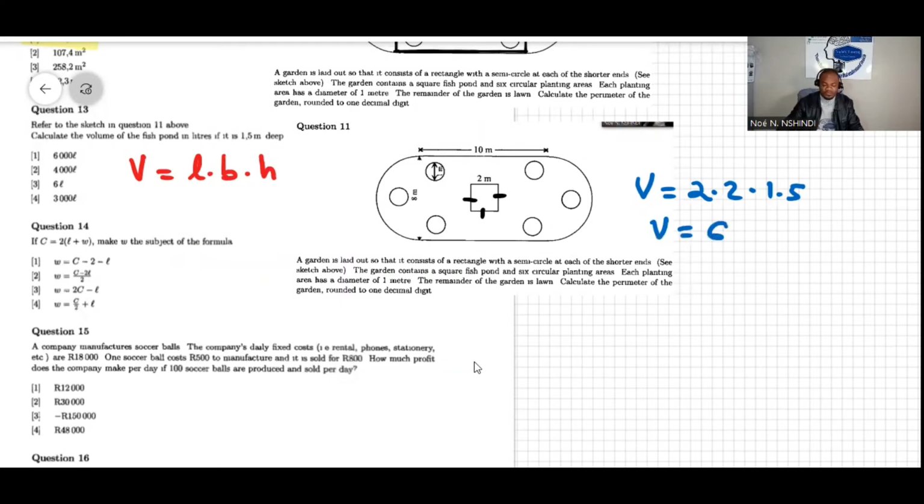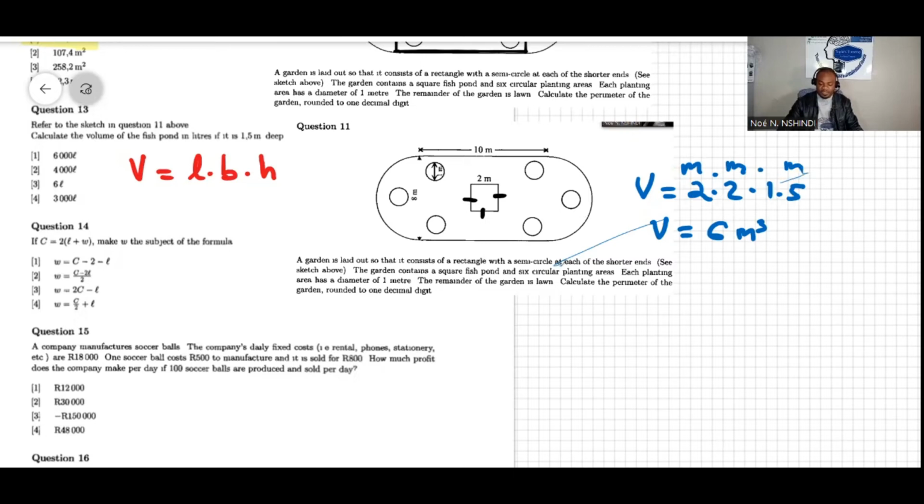Because the unit was given, it was 2 meters, all the sides here, and the height, the depth of the fish pond, was also in meters. So the volume will be meters cubed because this was expressed in meters times another unit in meters times another one in meters. Meter times meter times meter makes meter cubed.